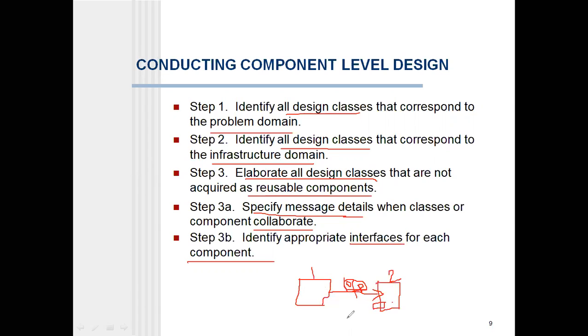So you should identify the interfaces, right? Interfaces are the controlled connection between the design classes.